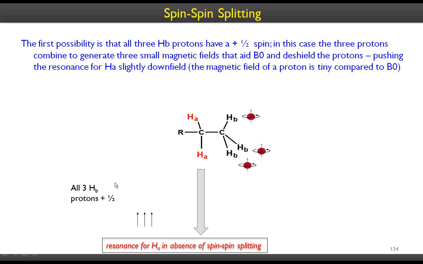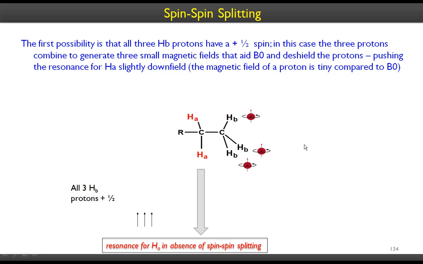So the B effective is increased by these three reinforcing nuclei, right? So the peak is shifted towards downfield, towards higher chemical shift, because of the induced local magnetic field, right?